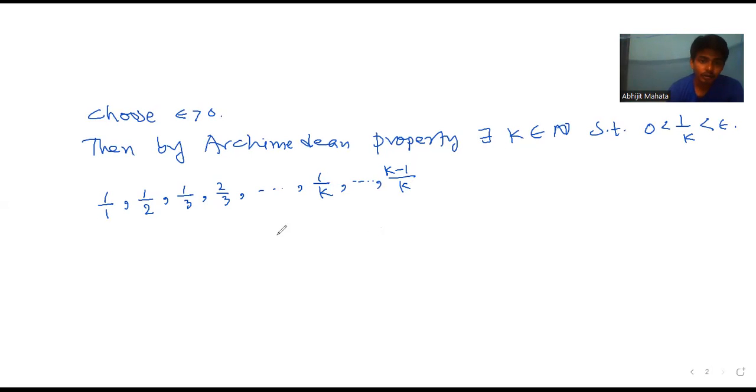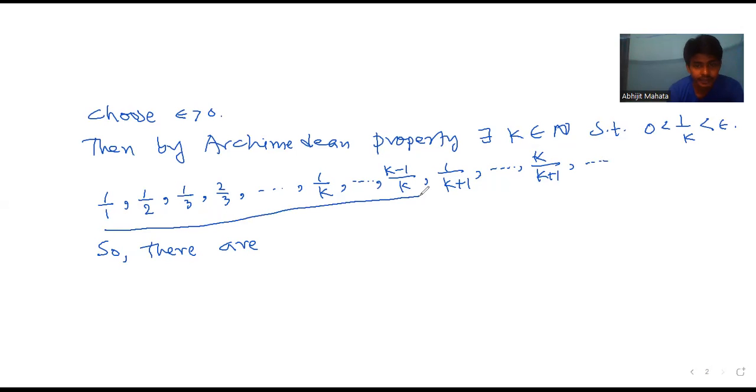After that, the rational numbers will be of the form 1/(k+1), up to k/(k+1), and in the same way it keeps going on. So from here to here are the only rational numbers whose denominator is at most k.